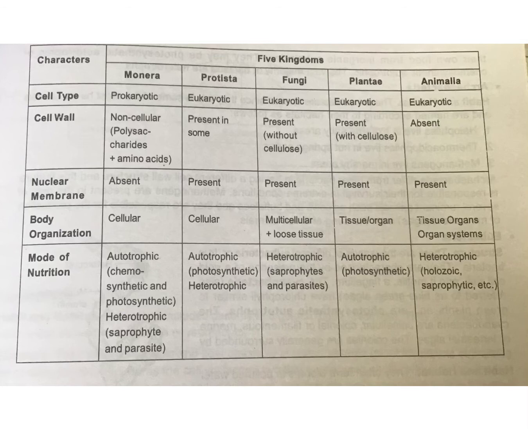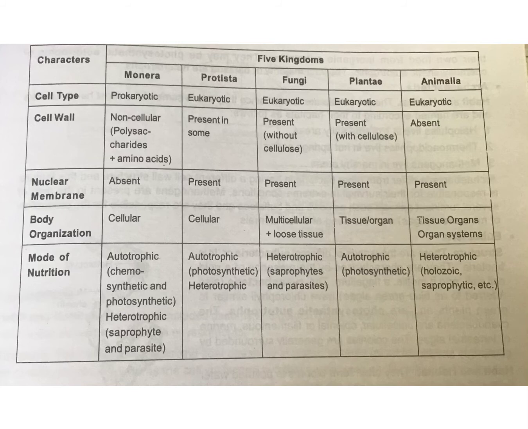Mode of nutrition, if we talk about, some of the organisms are autotrophic, like chemosynthetic or photosynthetic, and most of them are heterotrophic, and the mode of nutrition will be saprophytic or parasitic. These terms are familiar to you, you have learned in your previous standards, but still if you don't know, refer to these points.